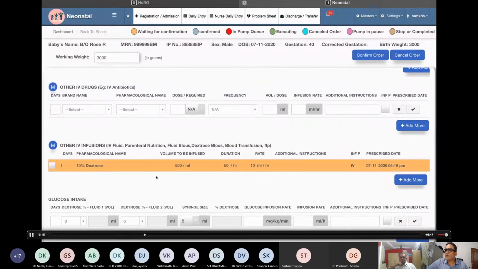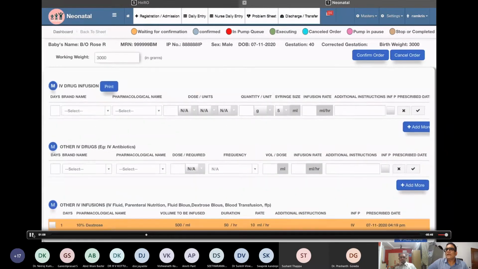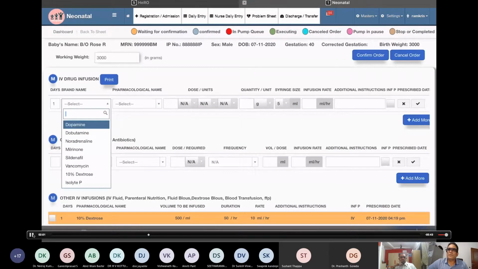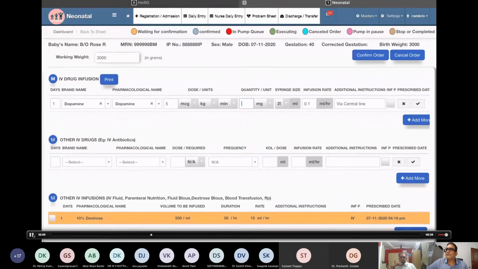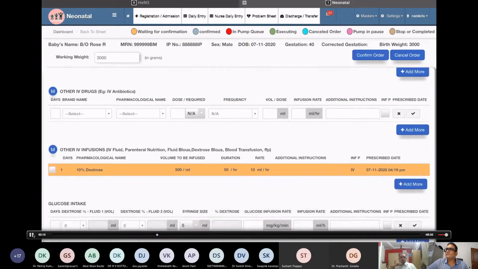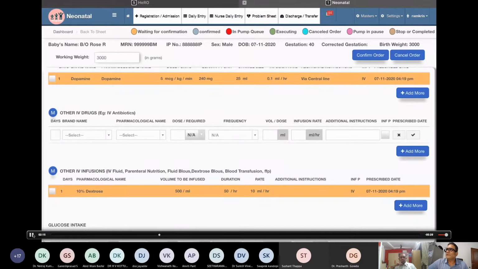I'm just doing it for a sample. The next medicine is dopamine. The strength of the dopamine is 240 milligrams, and I'm putting it in a 25 ml syringe, and I want that syringe to run at 0.1 ml per hour.